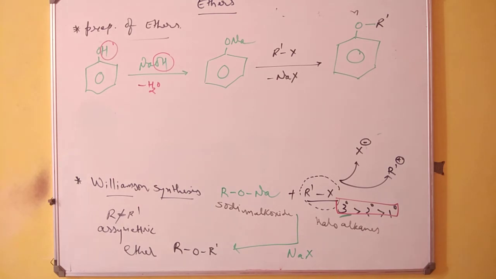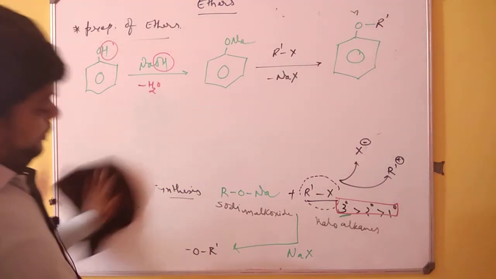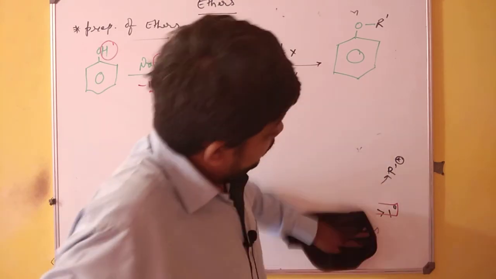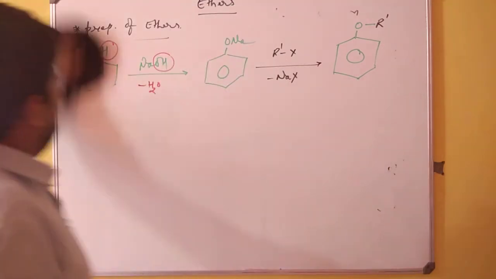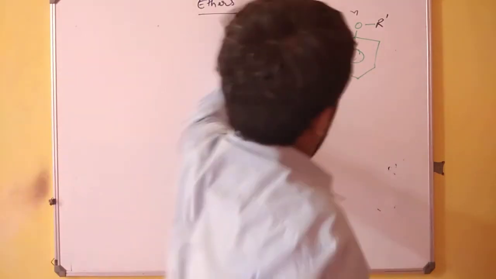Now, let us move ahead and discuss some of the chemical properties of ethers. Whenever we say chemical properties of ethers, it is closely related to few very important reactions that are undertaken by ether during its combination with several other compounds.